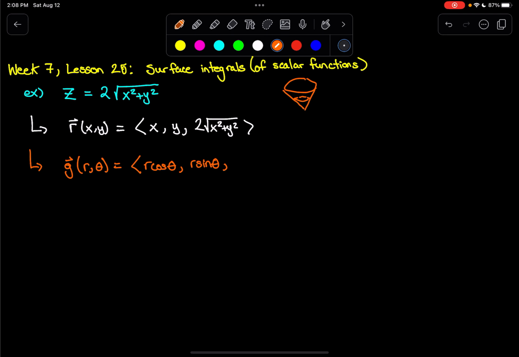And if we choose this parameterization, then what does z equal? Well, z is just going to equal 2r. And this right here is another parameterization of the surface of a cone. Which one do you pick? It's going to depend on your application. So that was all the stuff that was covered in the last video.